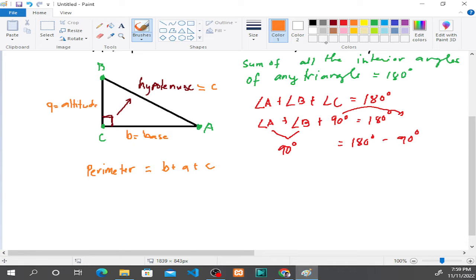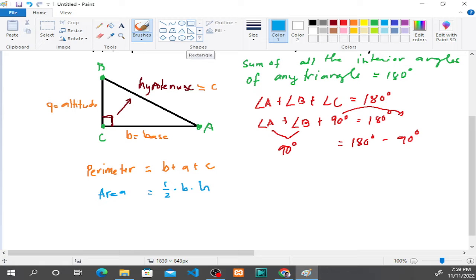For the area, the area is equivalent to 1/2 times base times height. Why is it like that?